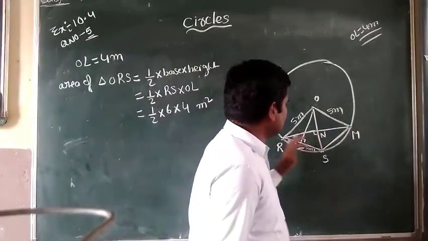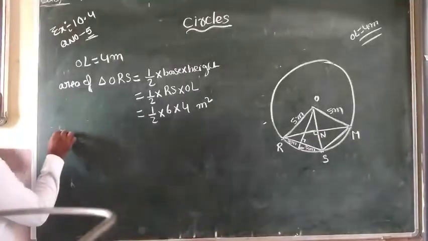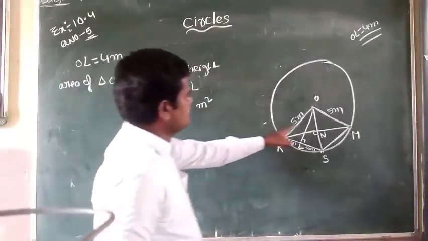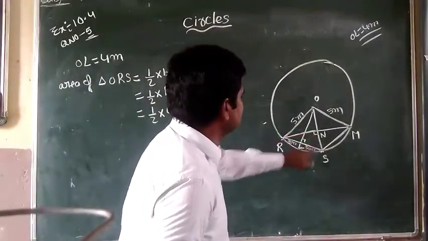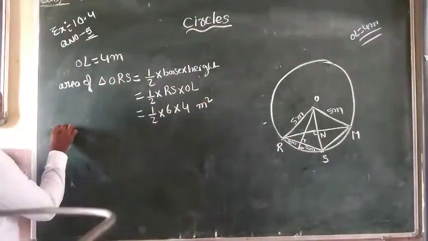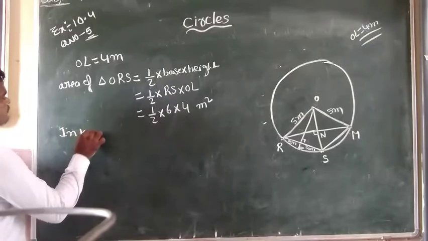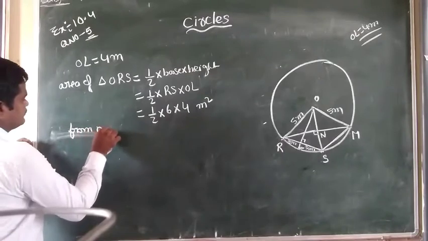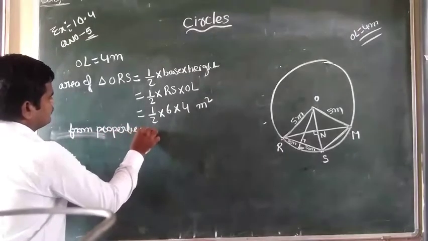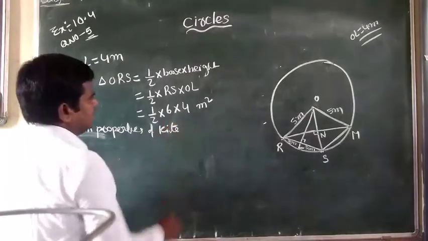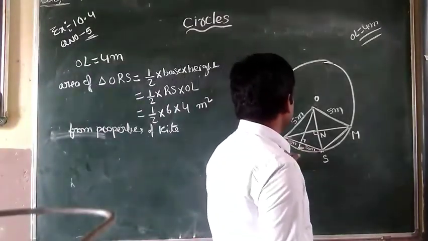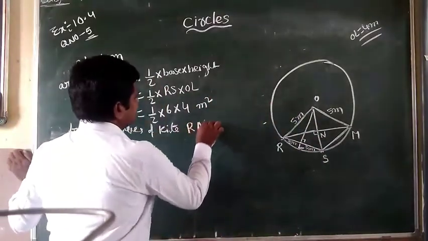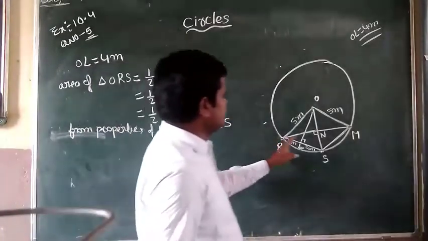So in kite, from properties of kite, RM is perpendicular to OS.